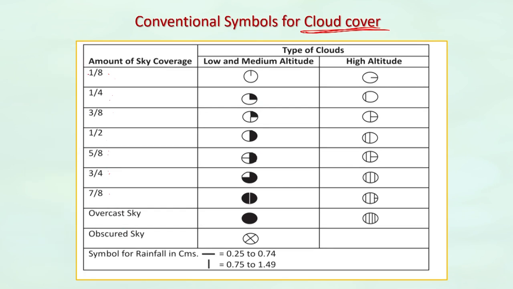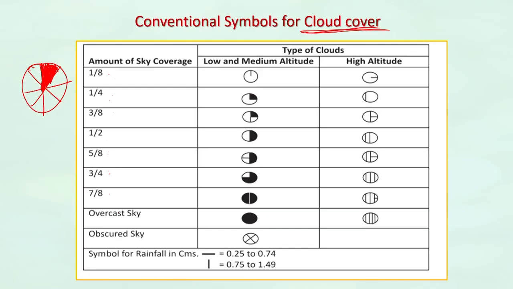Actually, 1 by 8 means there is a circle and 8 divisions like this. Only one part of the cloud mirror is covered with cloud, the remaining is visible, with no cloud cover.